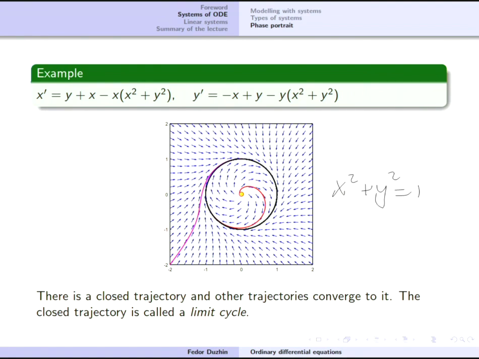Probably it is true. It is a solution. But it is a bit funny because all other trajectories converge towards this one. This closed trajectory is called a limit cycle. So that is also possible.